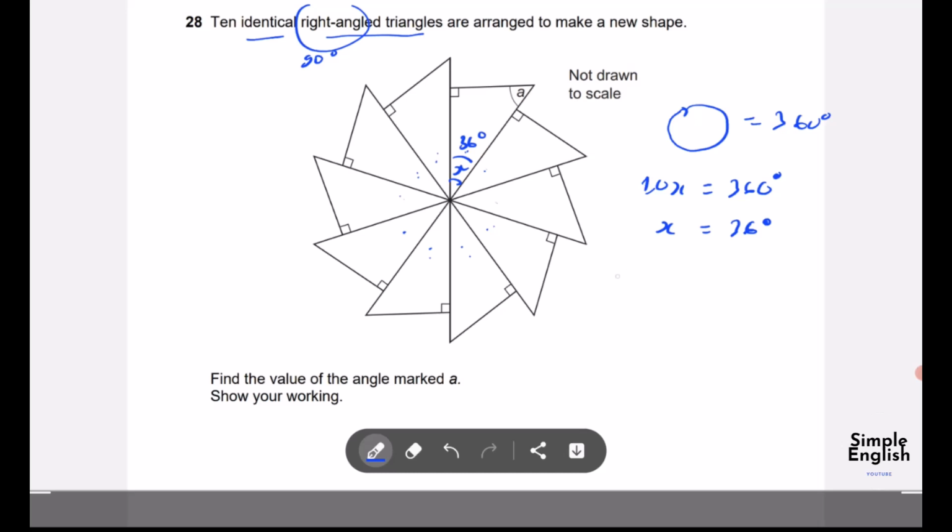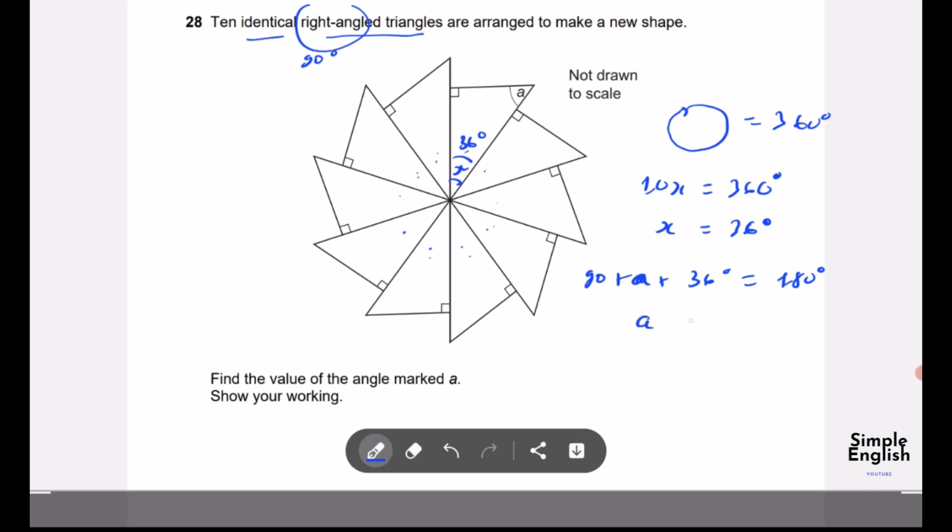And how about the angle A? So remember we have 90 degrees plus A plus 36 equal to 180, because the 3 interior angles inside a triangle add up to 180.